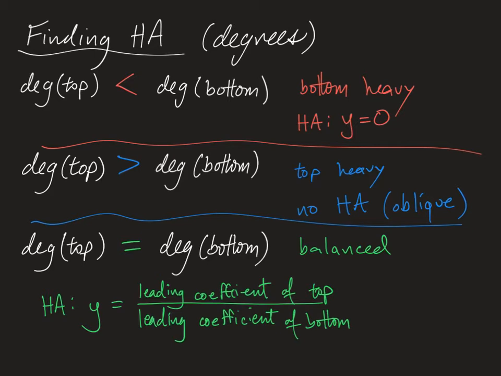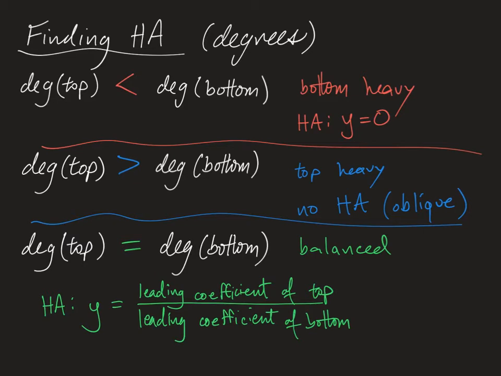And what do I mean by all of that? Well, the leading coefficient of the top is the number in front of the term with the degree in it, and the leading coefficient of the bottom, the same thing. We just take the ratio of those leading coefficients and we can find the equation of the horizontal asymptote.